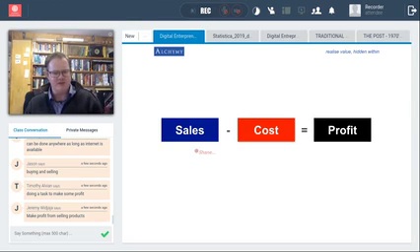So we drive our sales, we minimize our costs, and we have a profit. That's the fundamental equation. And everything in business, from the biggest businesses to the smallest operations, comes down to that simple equation. Sales minus cost equals profit. Now, we can talk about a whole range of ideas around that, but that's what it is at the center.